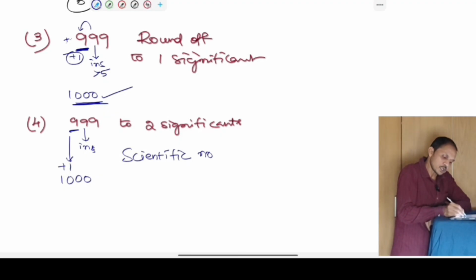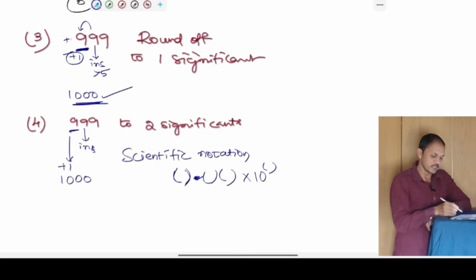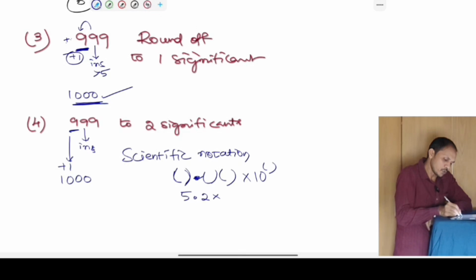What is scientific notation? Any number can be written as something point something into 10 power something. I mean, you can write any number here. Before the decimal there should be one digit. For example, 5.2 into 10 power 1 is actually equal to 52. 52 is the general notation. 5.2 into 10 power 1 is scientific notation.